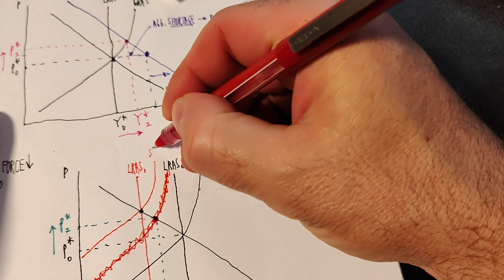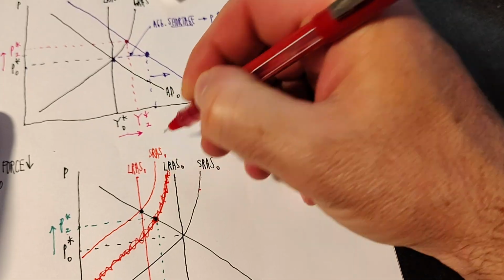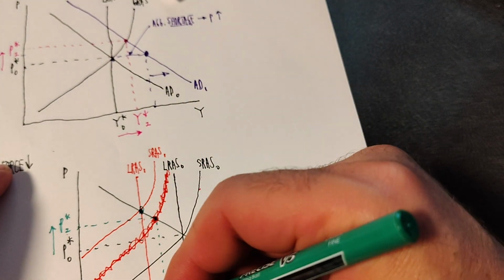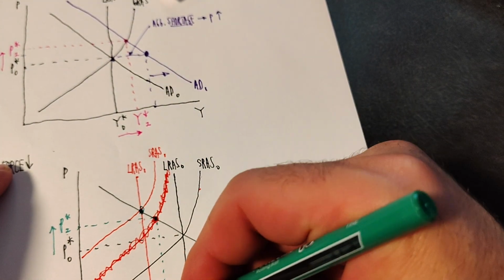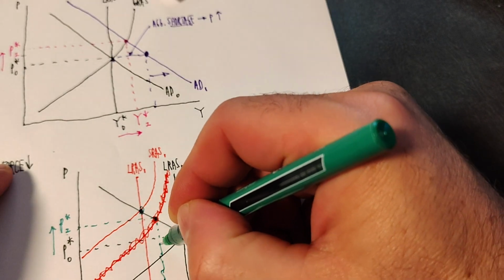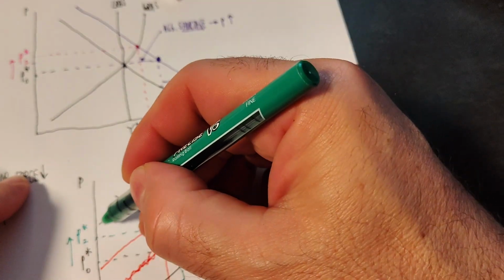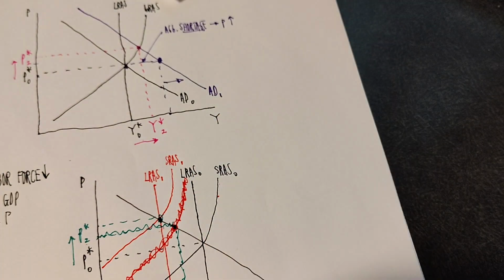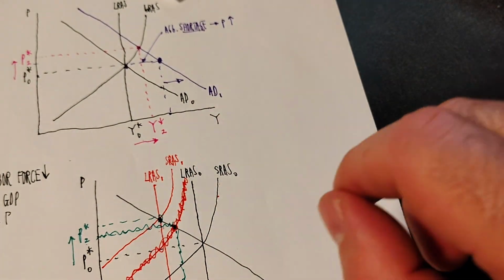All right, so let's make this SRAS 1. And so output is actually over here, Y star 2. Ignore this. That's a bit messy, but I'm sorry. Let's call that P star 2. Okay. All right.